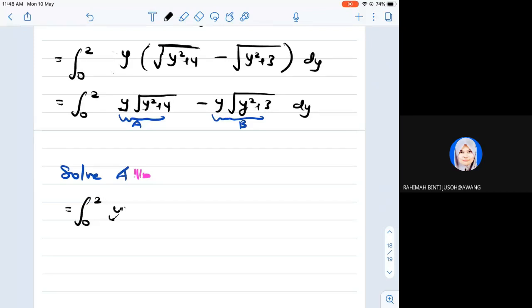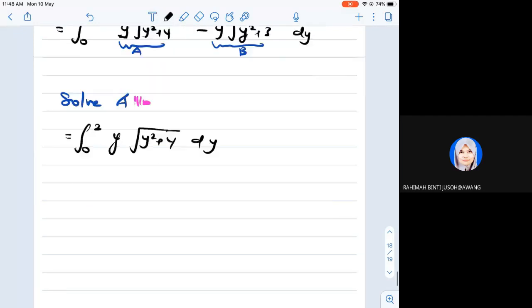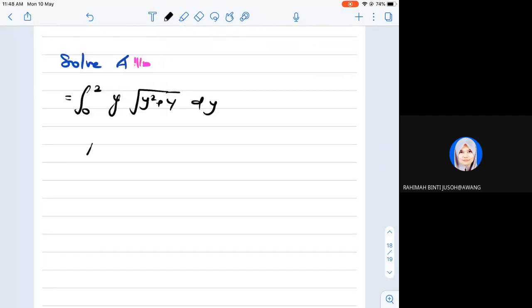Ya Allah, sibuk dengan iPad ni. Gitu. Y kuasa 2 tambah 4 dy. So ni sama jugalah, you kena let substitution. Let u equals to y squared plus 4. So differentiate u, you will get 2y dy. So dy dia akan jadi du over 2y.